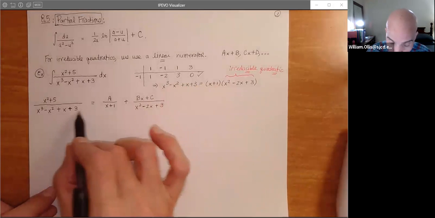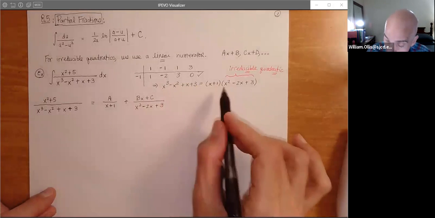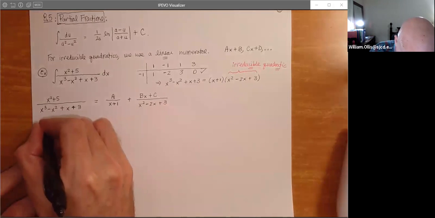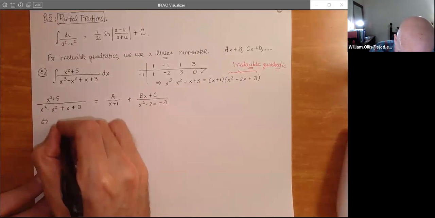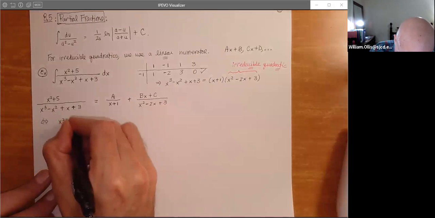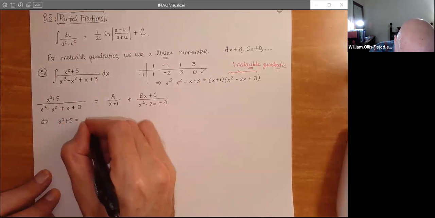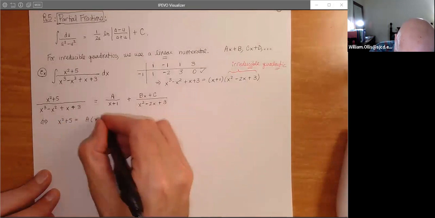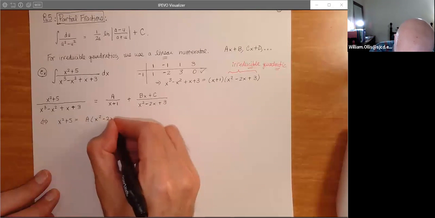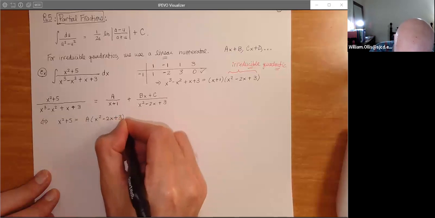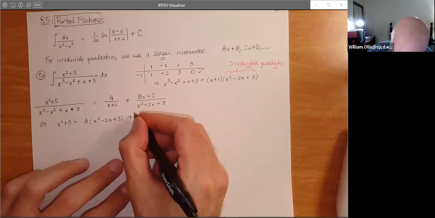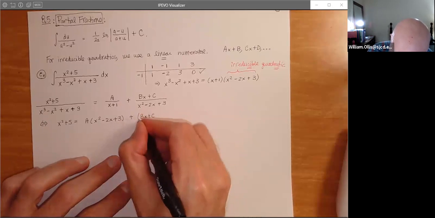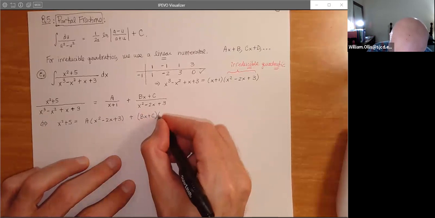So we're going to multiply through by this denominator, considering this factored form. So we want an equation that will be true for all real numbers. So this will be x squared plus 5 equals a times, just go ahead and copy over here, x squared minus 2x plus a 3, plus, now we have bx plus c times the x plus 1.